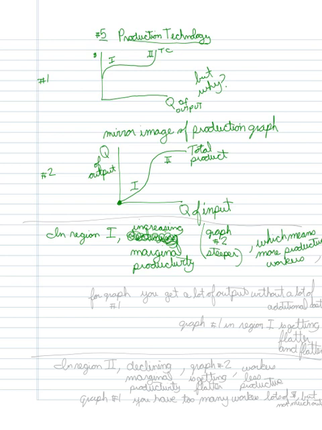And these more productive workers get paid the same amount as less productive workers, which means that for graph number 1, you get a lot of output without a lot of additional cost.